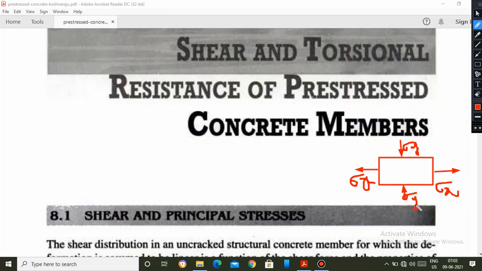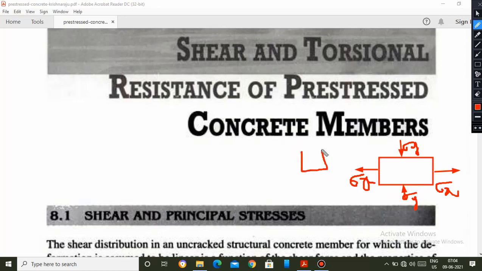If you want to calculate the normal stress, you consider how much force is acting on a particular area of the member, on this plane, and you will get the normal stress of that member. As well as the shearing stress, which we have already seen in the previous lecture.